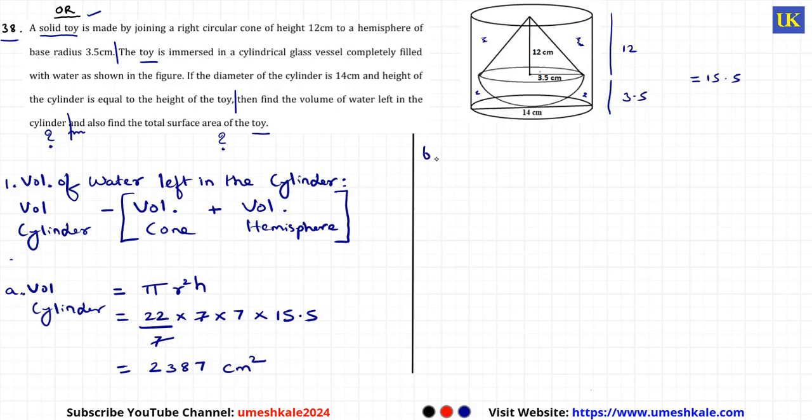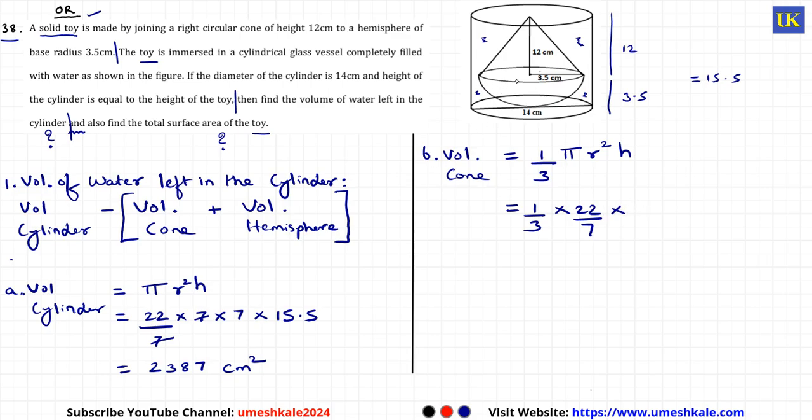Now we'll find the volume of cone. For the volume of cone, the formula is 1 by 3 pi r square h. So 1 by 3 into 22 by 7 into radius square.